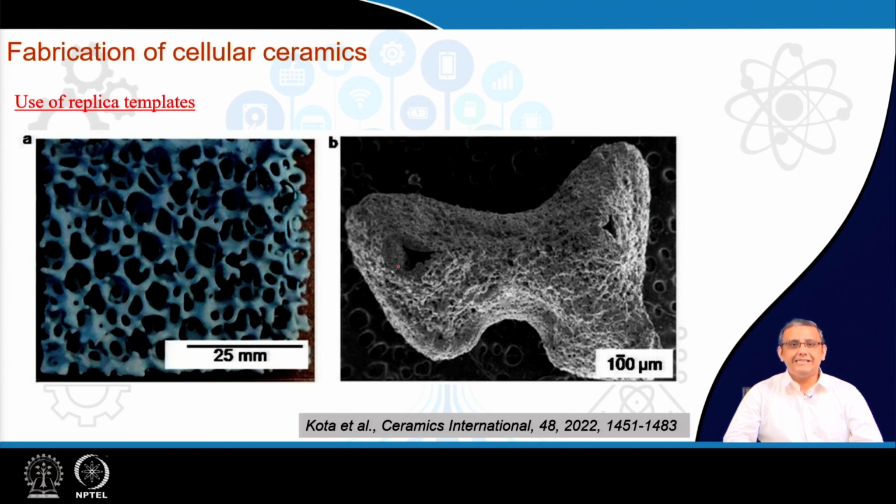So, basically these ceramic foams fabricated using the replica template have porosities of different length scales. We have large pores surrounded by the individual ceramic struts, and these large pores are determined by the dimensions of the initial pores in the polymer foam.